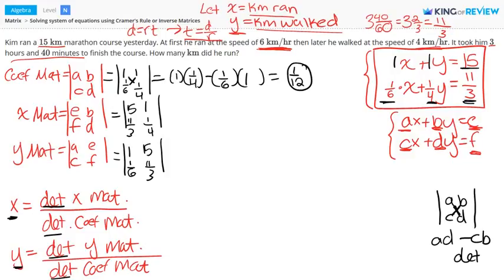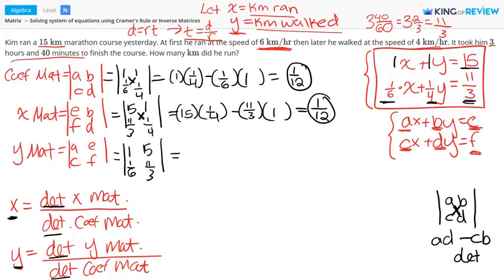So now let's look at our x matrix. We'll take the product of the entries in this main diagonal, so 15 times 1/4, and then we subtract the product of the entries in the other diagonal, so 11 over 3 times 1. So we have 15 times 1/4 minus 11 over 3 times 1, and when we work this out, this equals 1/12.